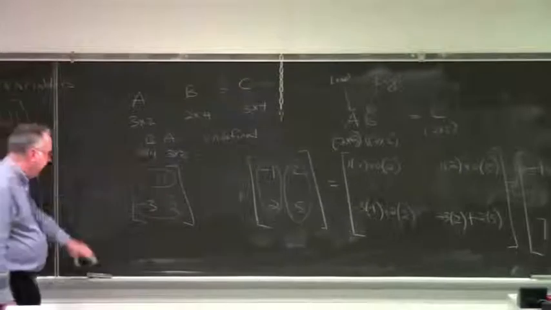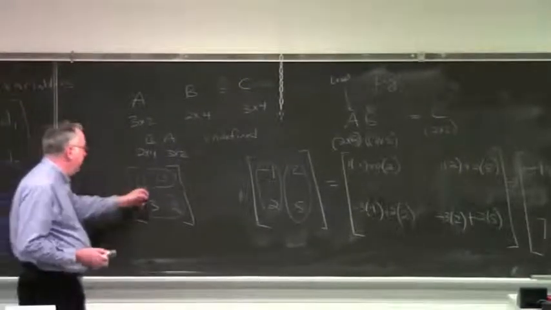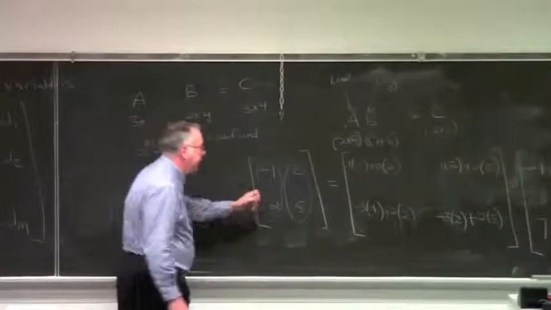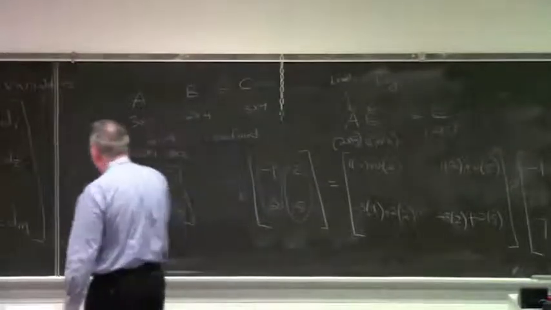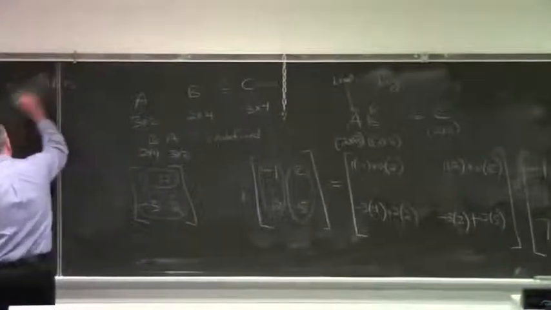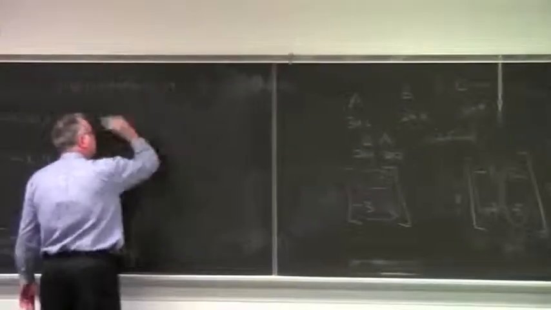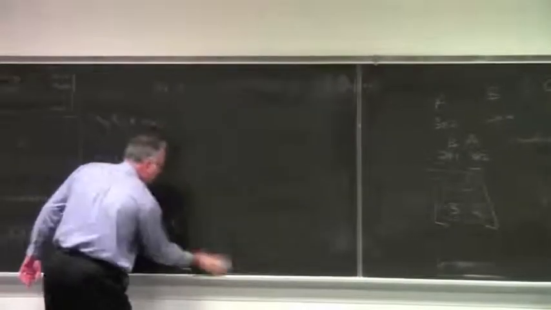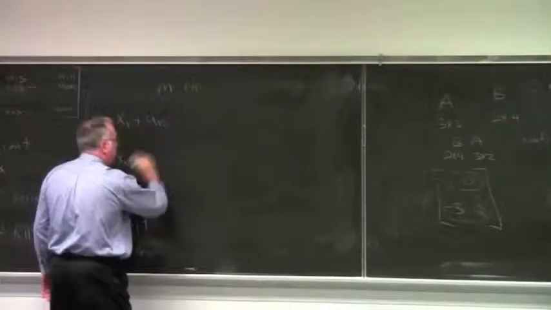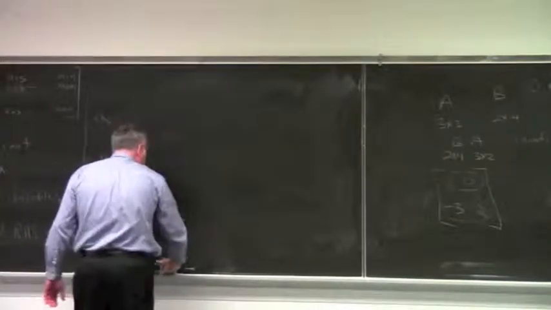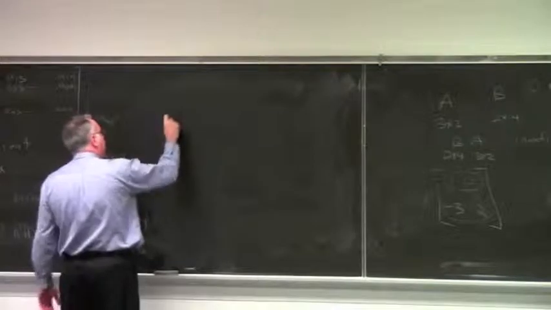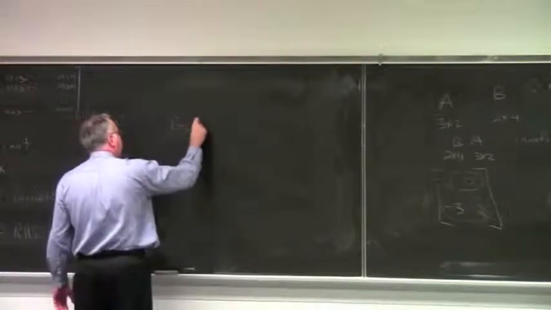Let's just check it out in this example. We had A defined to be this, B defined to be that. Suppose we reverse the order. What would we get? Suppose we go back to the example of the 2 by 2s. What is B times A?